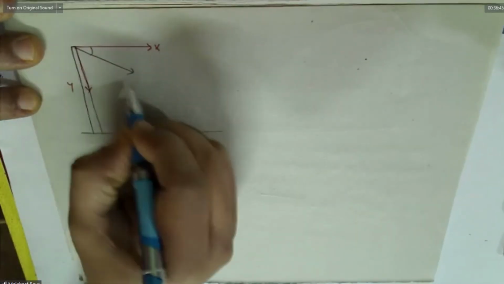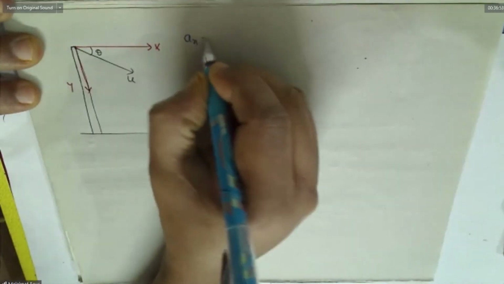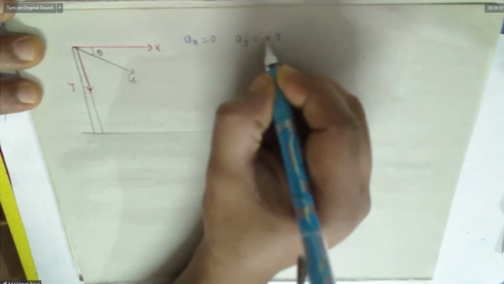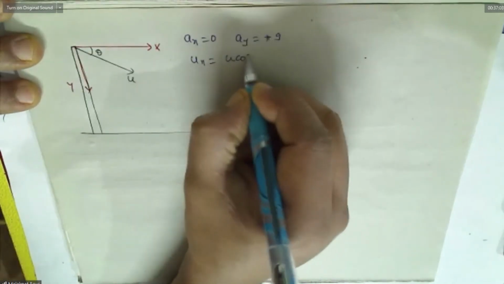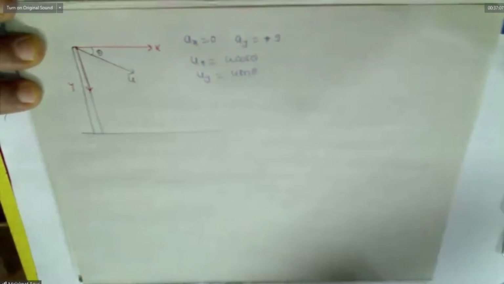You project it at an angle theta. Same thing here. Ax is 0, Ay is plus g because I have taken y downward. Ux is u cos theta, and uy will be u sin theta if you resolve. Am I right or not?